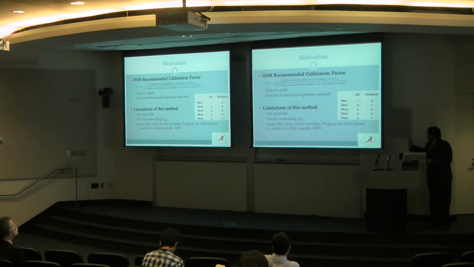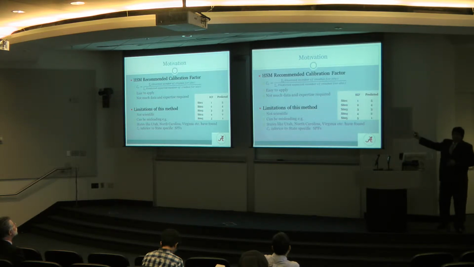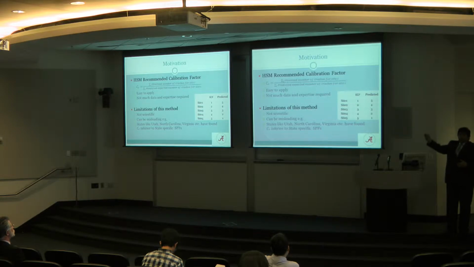However, there are certain limitations, and one limitation which I have not seen anywhere, which I could think of is, if you see this table, just imagine that you have 5 sites, and the actual expected crash frequency is difficult to really find out, but somehow you imagine it's 1, 2, 3, 4, 5, and you use the base SPF and you get the predicted crashes to be 5, 4, 3, 2, 1.